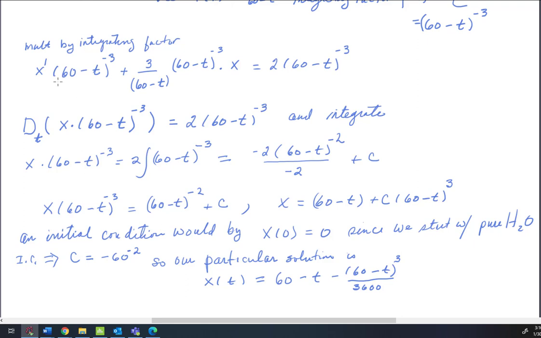So if I had a product where this was the first and this was the second, first step would be done. If I had such a product, the first times the derivative of the second would look just like this.